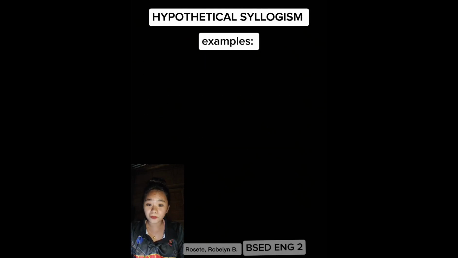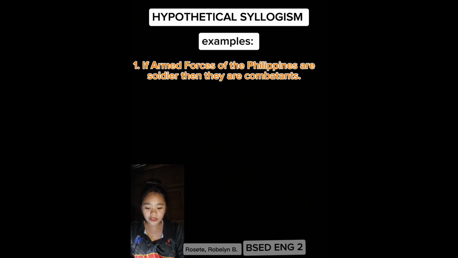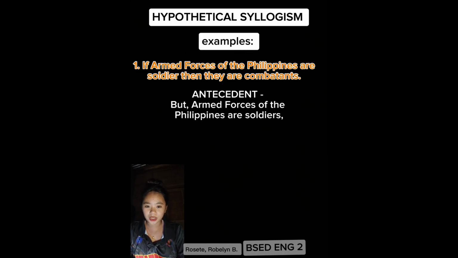The example here is: if the armed forces of the Philippines are soldiers, then they are combatants. That is our major premise, the MP. So where are the antecedent and consequence in the major premise we gave? The antecedent is "if the armed forces of the Philippines are soldiers," because, like I said earlier, the antecedent is something that goes before, in short, the "if."